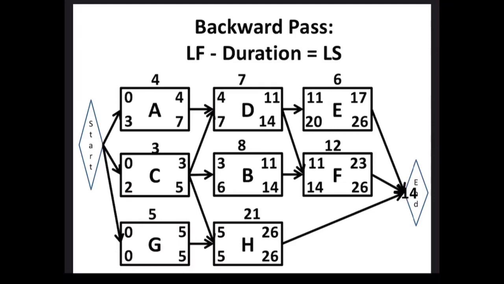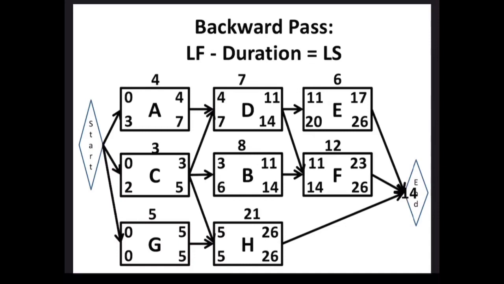It's a very important predecessor, which means that on the backward pass, we have to take into account the late start of D, B, and H to figure out the late finish of C. On the backward pass, the smallest number is the one we use.